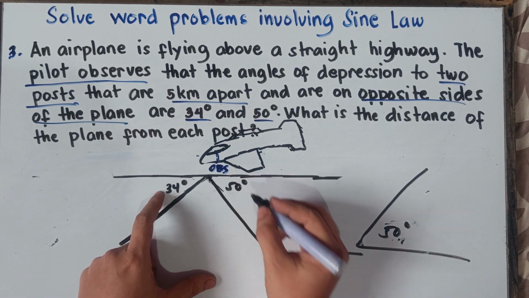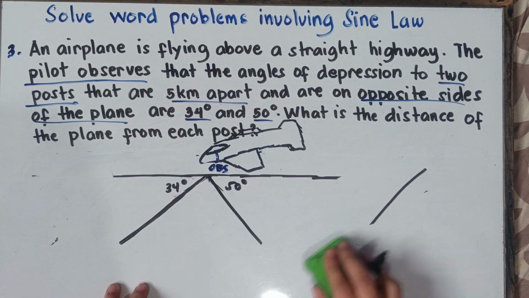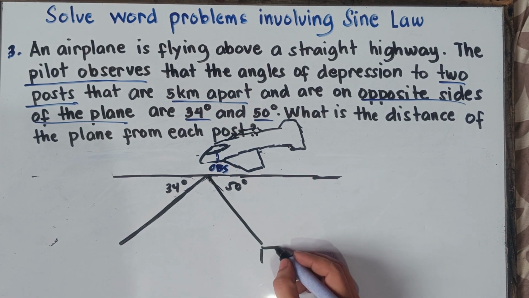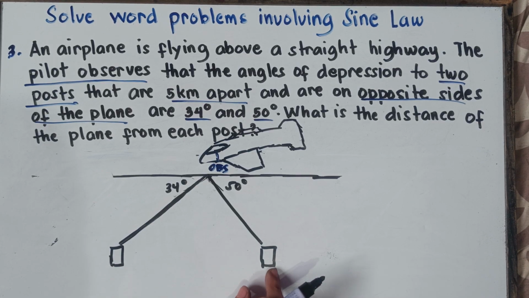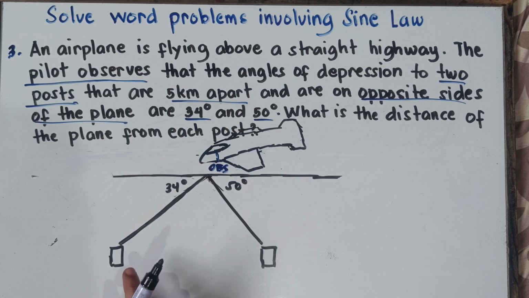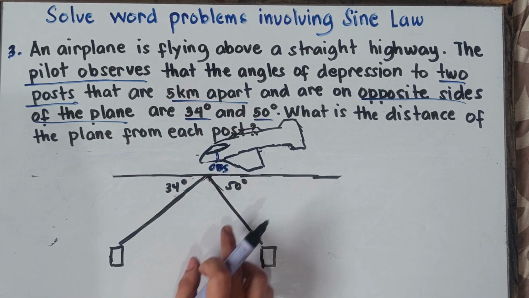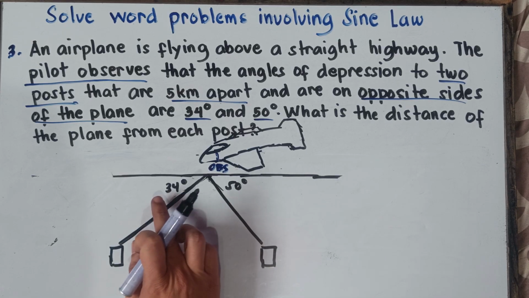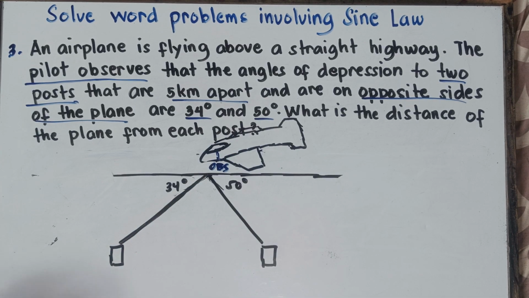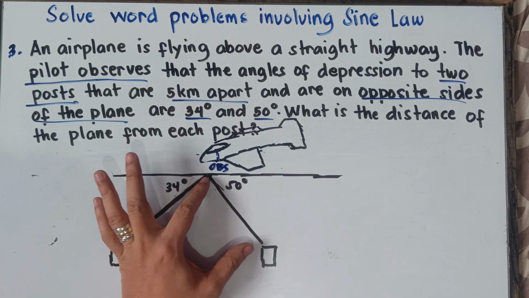So if this is 50 degrees, you already have the idea that the second post, this one right here, is nearer than this one, right? Once again, class, post B, or the second post, will be nearer than the first post based on the given illustration, because our angle of 50 degrees is a greater opening than 34 degrees. Look at this example, class. Basic example with regards to this length.